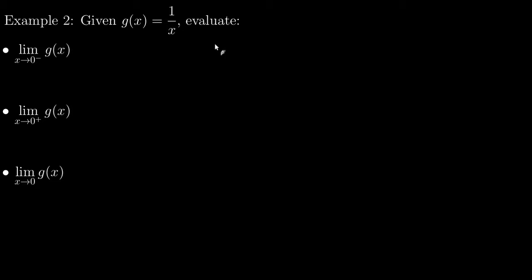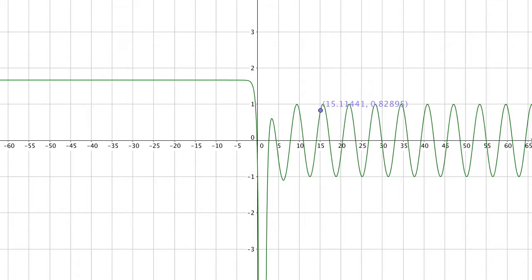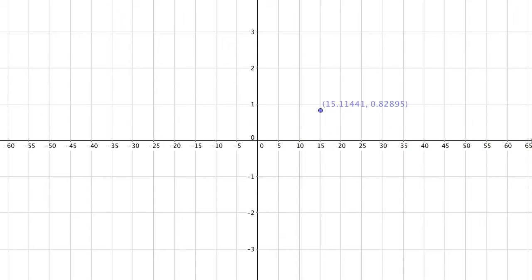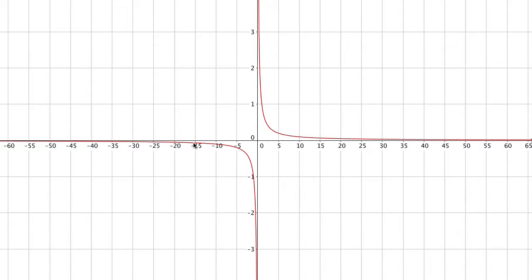And let's look at an example of that. So we'll consider g of x equals 1 over x. And that function is going to look like this. Now, as we can see, as I'm approaching 0 from the left, my function is getting more and more negative, and unboundedly so.